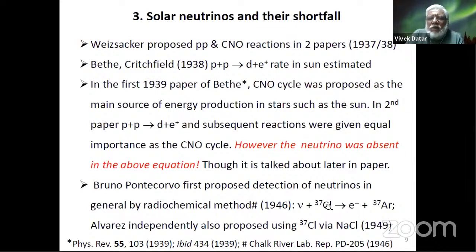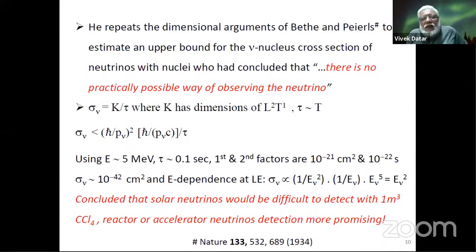Of course, it has both isotopes, chlorine 35 and 37, but about 1/4 of the total amount of chlorine is in the form of chlorine 37. So he proposed that you somehow manage to extract 37 argon. Alvarez said that you can do this by putting in sodium chloride, which is a more innocuous material than the organic fluid. But he also proposed something else.